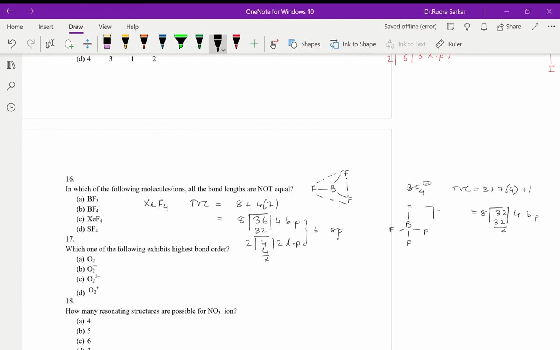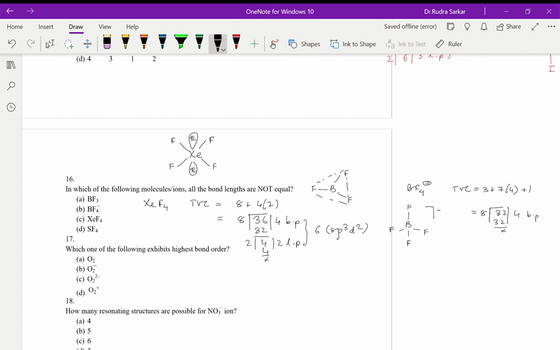That means hybridization will be sp3d2. Whenever the steric number is 6, we say hybridization is sp3d2. So the shape of the molecule will be something like this: Xe, with the 4 fluorines in the square plane of the octahedron, and the 2 lone pairs above and below. And so here also we see all the bonds are of equal length.